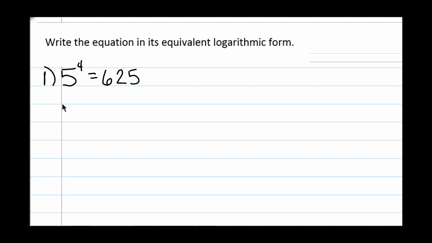So that means I need the word log. So I'm going to go ahead and write log base. The log's base is the same base as the exponent. So what is the base of my exponent here? 5. Log base 5 of 625 equals 4. So anytime you're looking for the log, it equals the exponent.